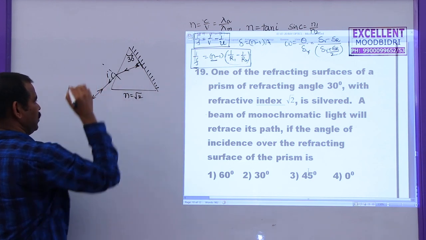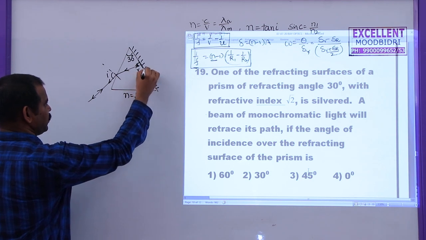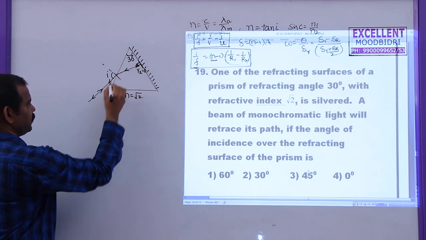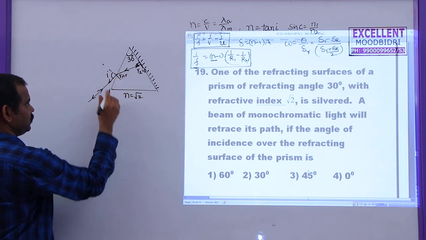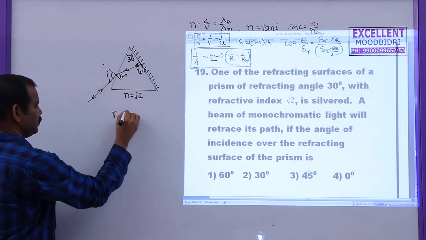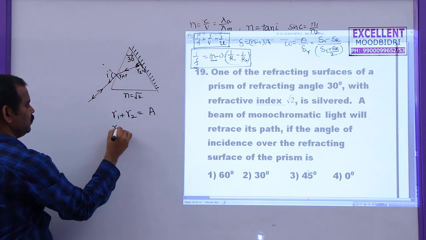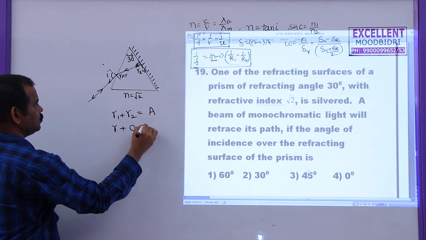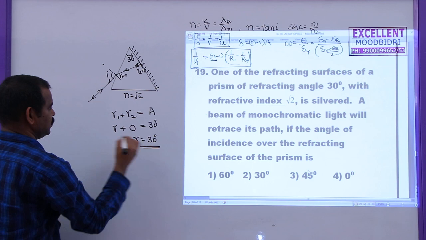So what is the angle of incidence? In this case, we know that the second refraction angle is 0 because there is no refraction. R1 is equal to R. We know that in a prism, the sum of the angles of refraction must be equal to the angle of the prism. So R1 is unknown, R2 is 0, and the sum is equal to 30. So R is equal to 30 degrees here.